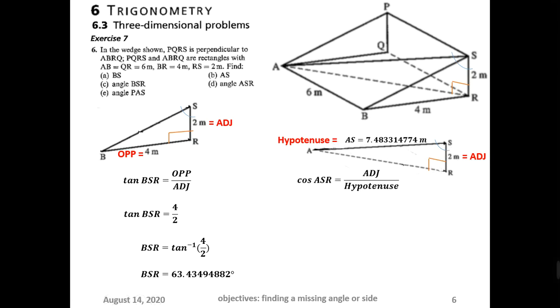And the cosine rule states that it is equal to adjacent over hypotenuse. Let's substitute in this formula. Cosine ASR is equal to 2 over 7.48. Now, to find the unknown angle, we must use cosine inverse.